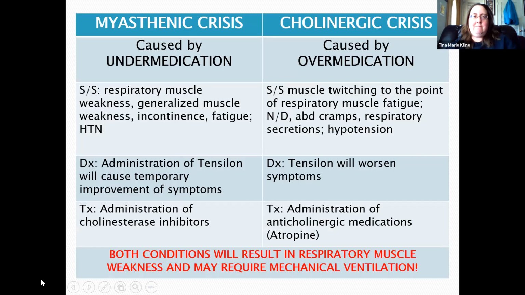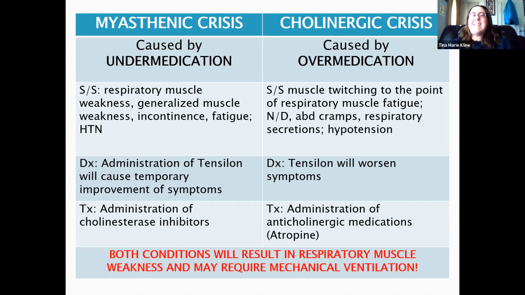Nurse logic. Okay. All right, so with myasthenia gravis, I want to talk a little bit about crisis, okay? And we have myasthenic crisis and we have cholinergic crisis. And when I talk about under medication or over medication, over medication is they literally have had too much medication, or maybe this is the very early parts of we think this is myasthenia gravis and we're doing the tensilon testing to confirm the diagnosis, okay?